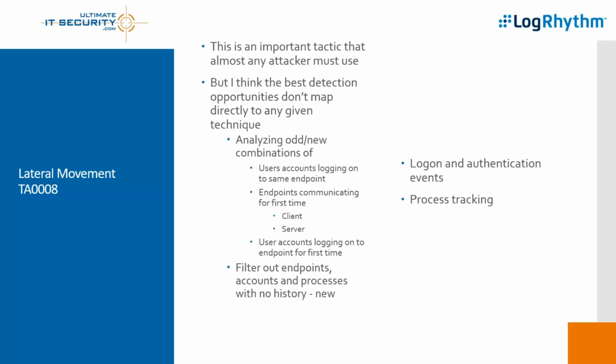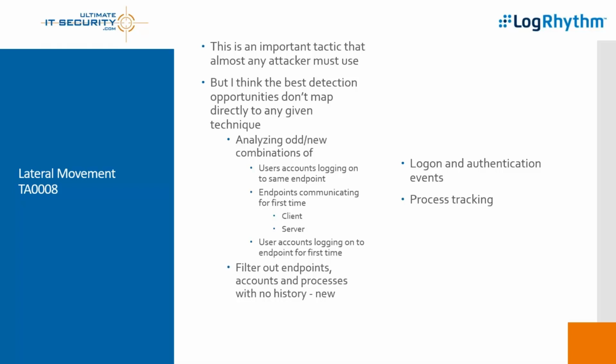But you see, it requires a lot of data, it requires correlation, and it requires you to have information about the systems on your network, classification of systems and user accounts. And that may be possible from data in Active Directory. You may be able to infer it from IP addresses or naming conventions.